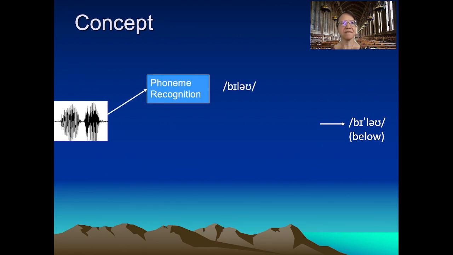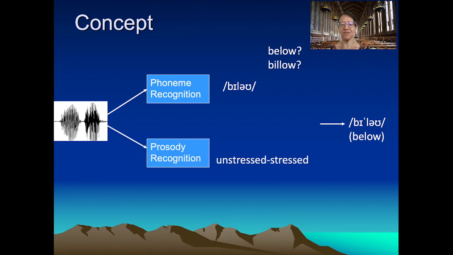So we can consider the case where our phone recognizer produces an output like this below, and we might realize that that's ambiguous between the pronunciation below and below, and that's a place where prosody might allow us to disambiguate if we have a way of saying that we know that the first syllable is unstressed and the second is stressed. Then that means we have to pick below as our word, and so we can combine phone and prosody information in order to produce the transcription.